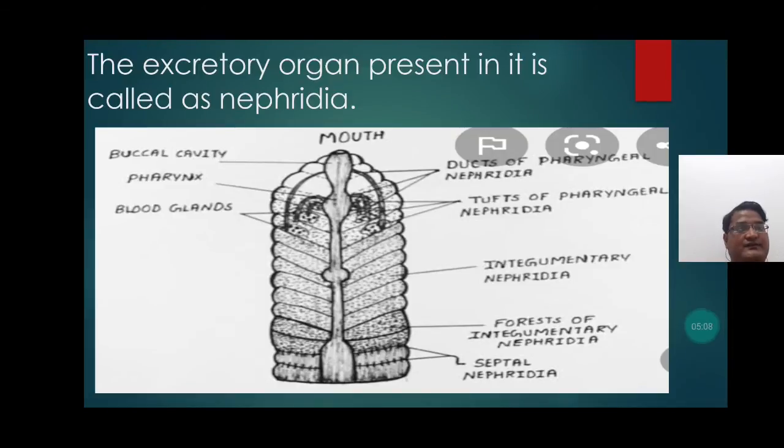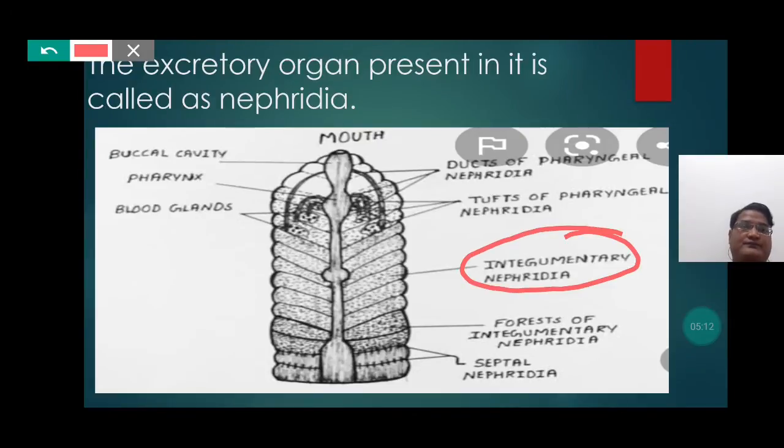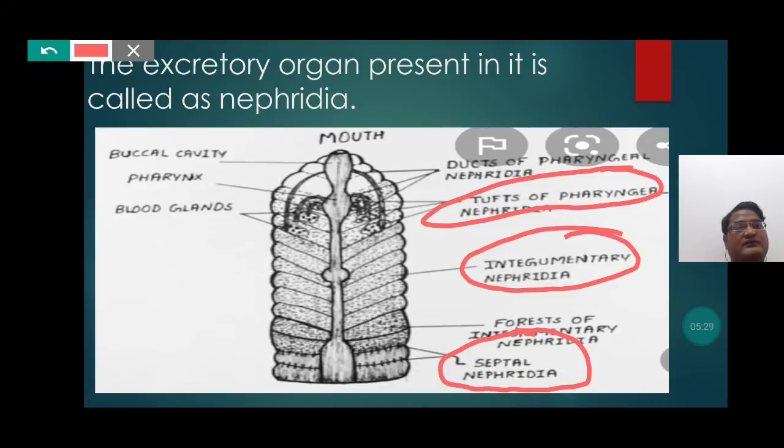The second is the integumentary nephridia, and the third is septal nephridia. So students, these three different types of nephridia remain present in the earthworm, which is the most important example of annelida.